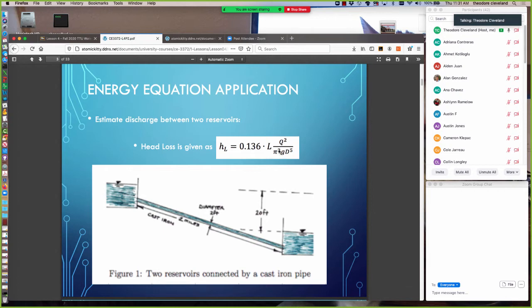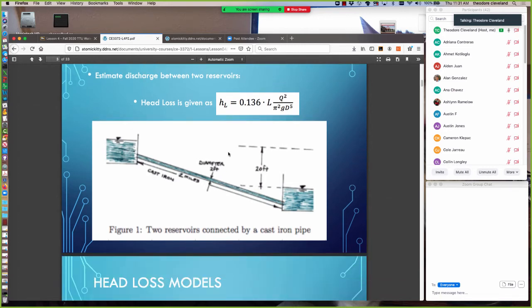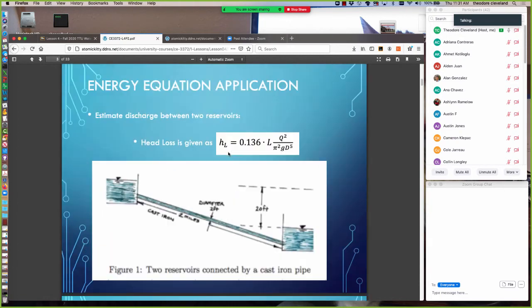Divided by pi squared, we can look up pi in the bakery catalog and square it. G, we can look up in the gravitational acceleration catalog. And the diameter is given as 2 feet. We can certainly raise 2 to the 5th power. So we know the entire denominator. We know the value for L. The only unknown in this expression is Q. So yes, we could estimate the discharge between the two reservoirs.